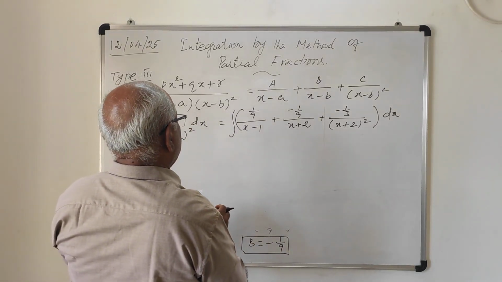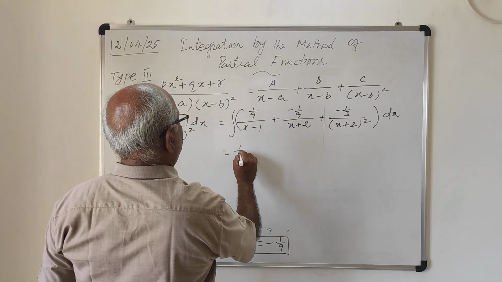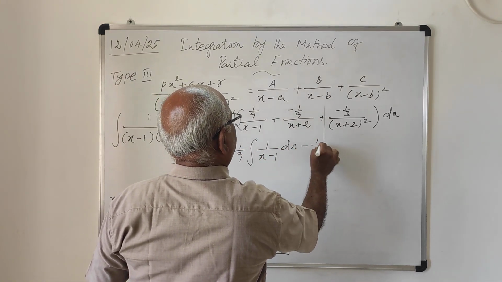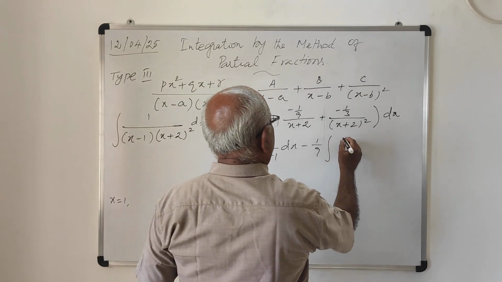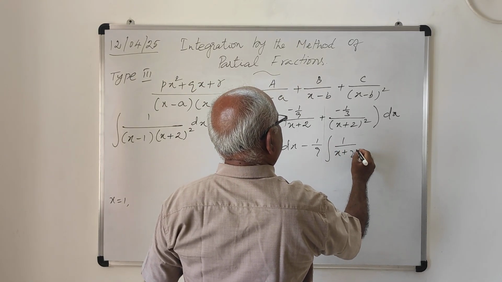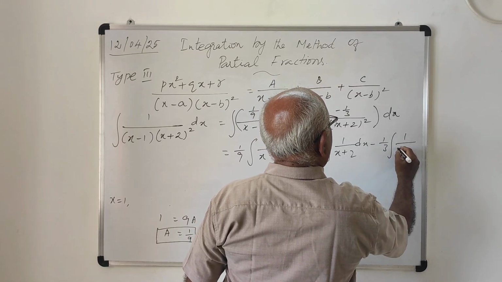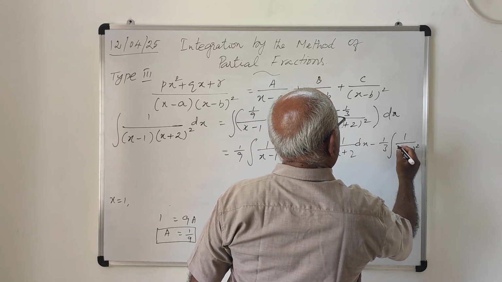This is equal to 1 by 9 into integral 1 by x minus 1 dx, minus 1 by 9 into integral 1 by x plus 2 dx, minus 1 by 3 into integral 1 by x plus 2 whole square dx.